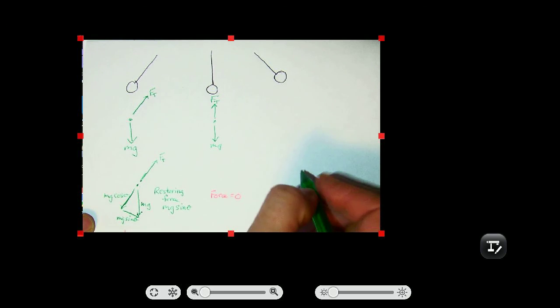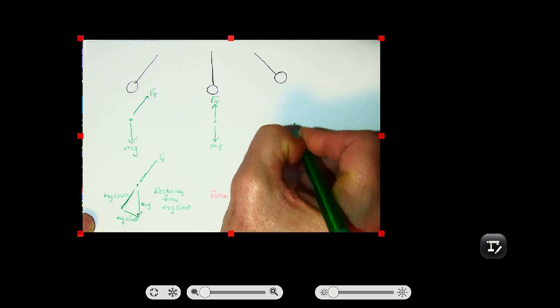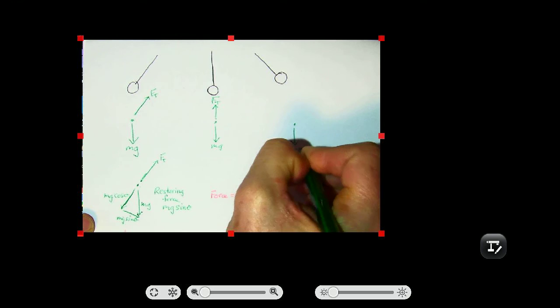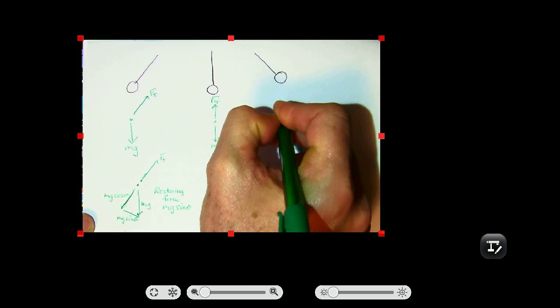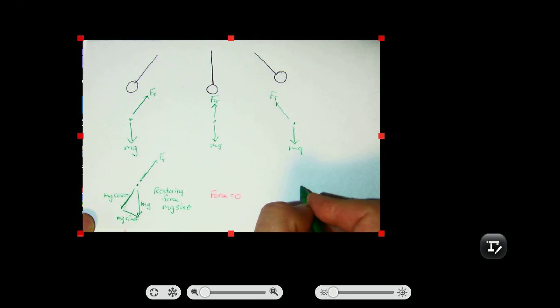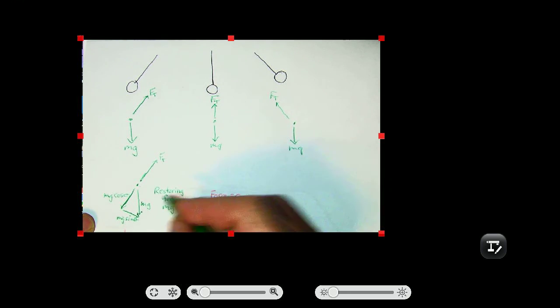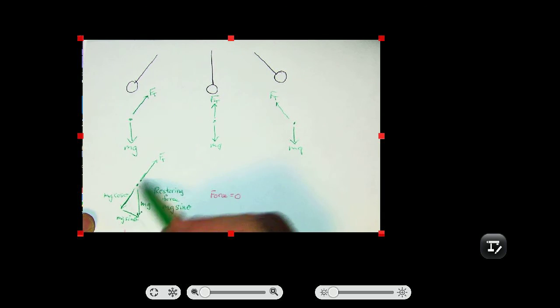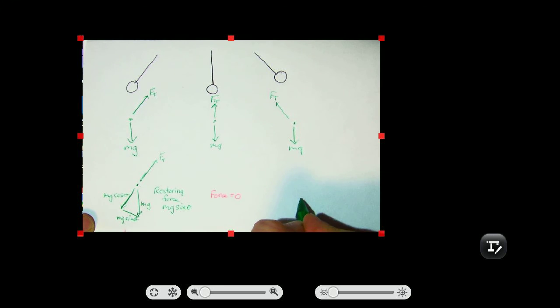When I get over on this side, it's the same thing except in the other way. I have mg going down. I have the force of tension going this way. If I looked at my forces, my force of tension would balance out with mg cosine theta. My restoring force would be the x component, so the mg sine theta here would be our restoring force.